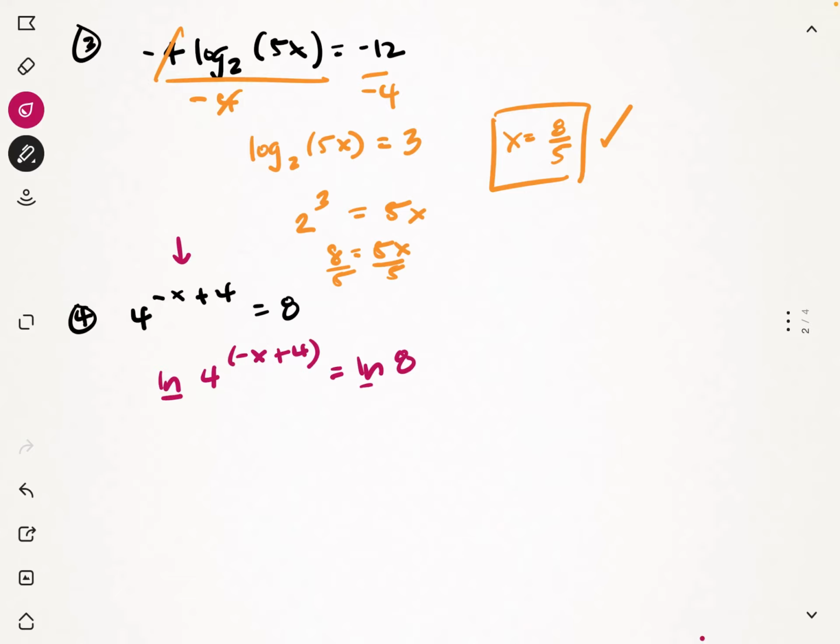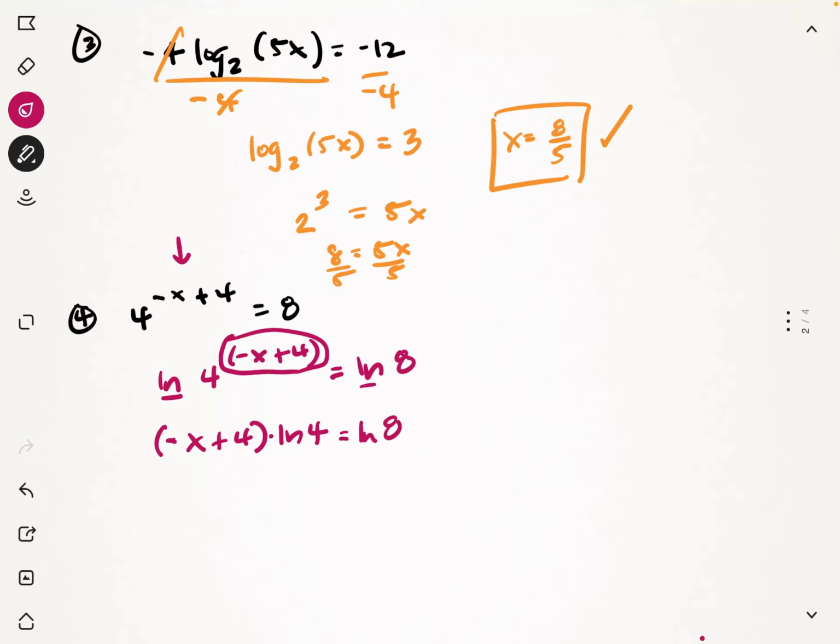And what that allows us to do, one of our properties of logs, is anytime we do a log or an ln, we can take our exponent and drop it down in front of our log. So we have negative x plus 4 times ln 4 equals ln 8. And we're going to just solve this algebraically like we do any other algebra.